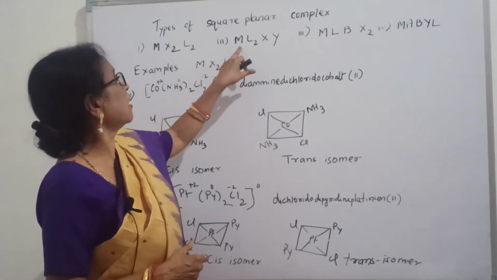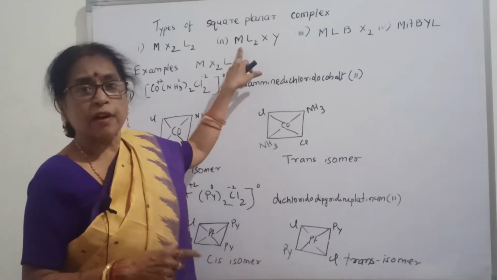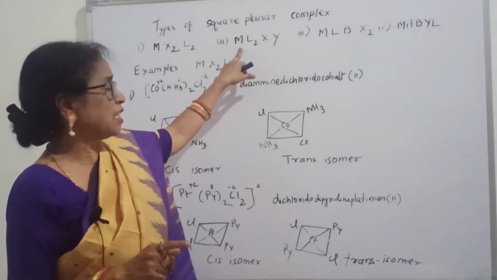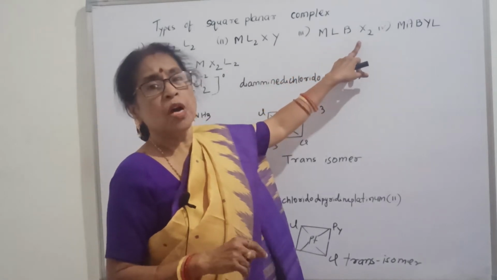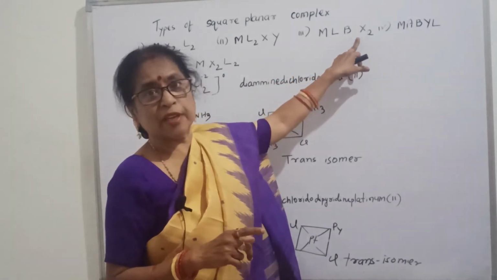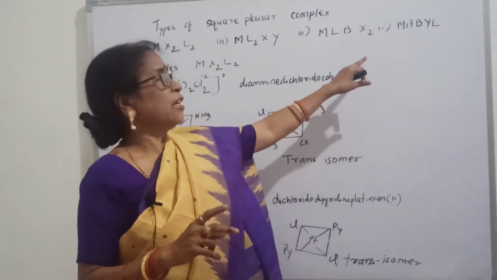And here the compound is ML2XY, where L is the same ligand in 2 number, and here MABX2, where X is the same ligand 2 times, and here nothing is the same, not repeated.